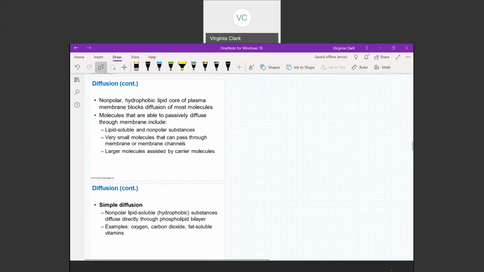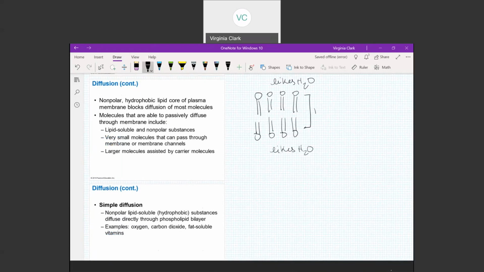Okay, with diffusion, we're going to focus on the phospholipid bilayer, because one side of this really likes water. That's the phospholipid head. But the section in the middle hates water.